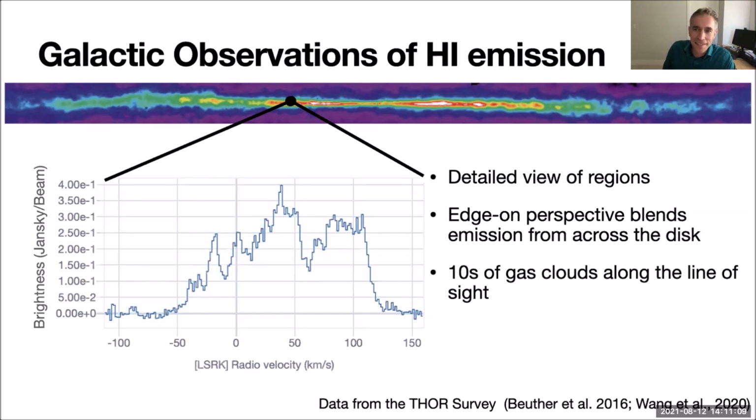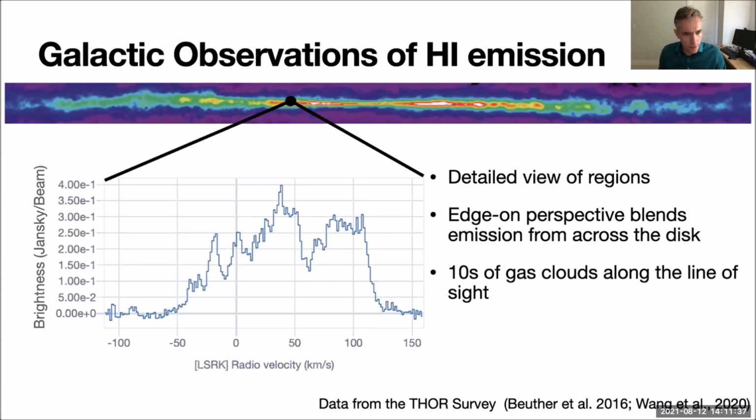And what that's telling us is that we're really not able to see the forest for the trees in the galaxy. We've got a lot of good detail on individual regions, but we can't see the whole picture because we're stuck inside the galaxy. We get a little bit of insight here from a spectrum, and I've shown a spectrum of the 21 centimeter emission coming from one point in this map.